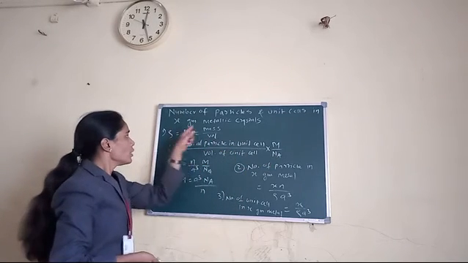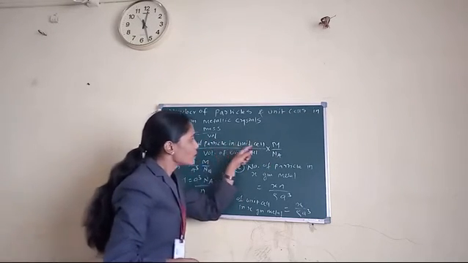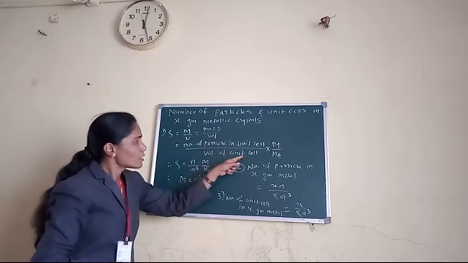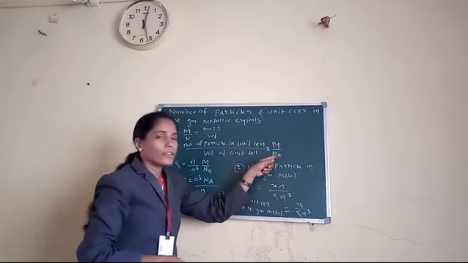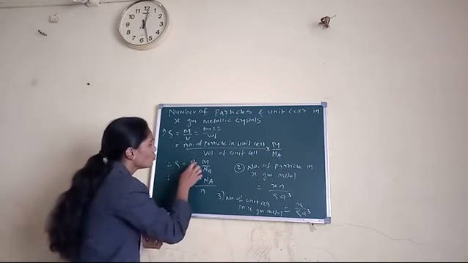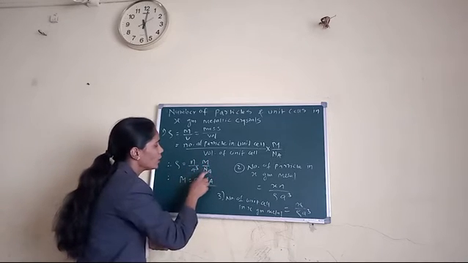Put this value in the equation of rho. Therefore, rho is equal to n into m upon a cube into Na, where Na is Avogadro's number.